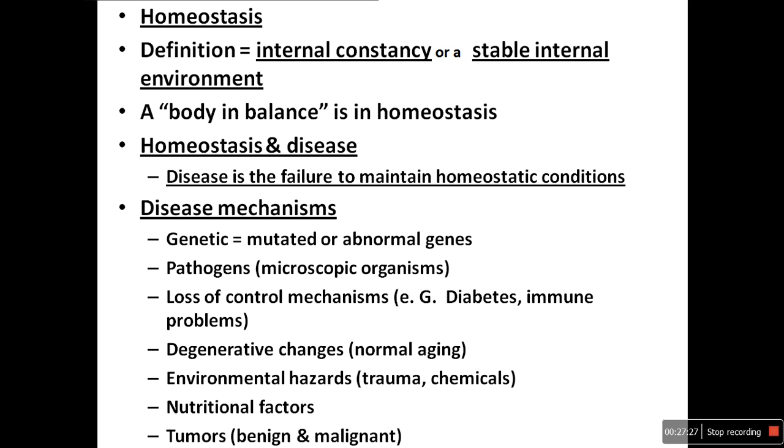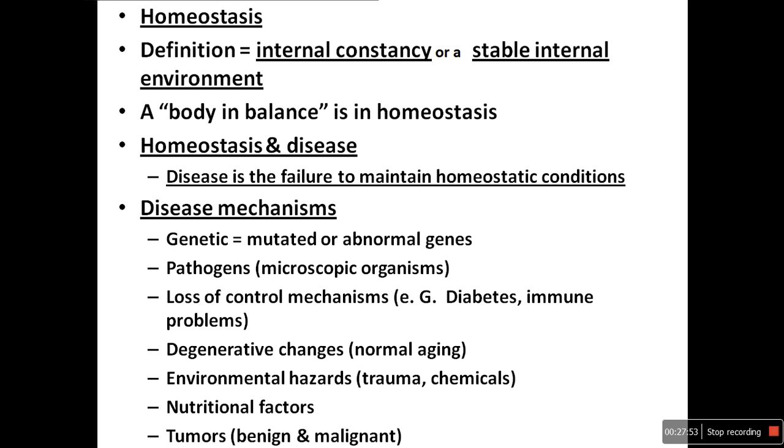Environmental hazards like trauma and chemicals can cause cancer. And nutritional factors, or malnutrition, can also cause disease.